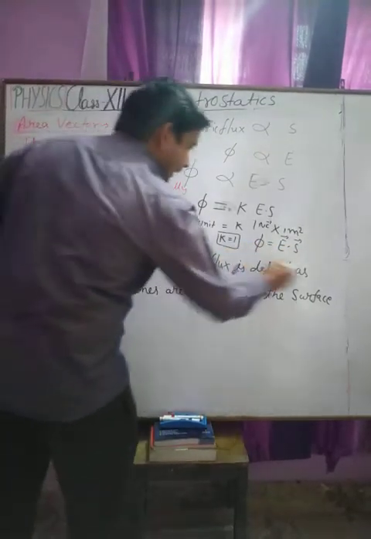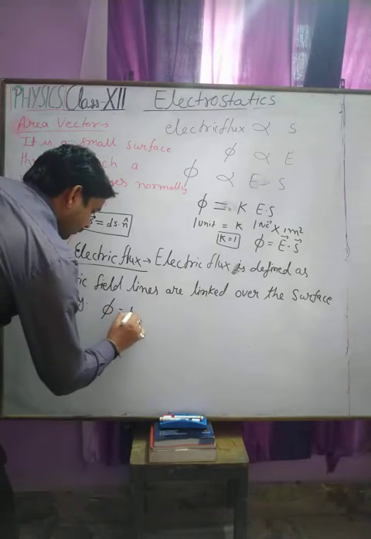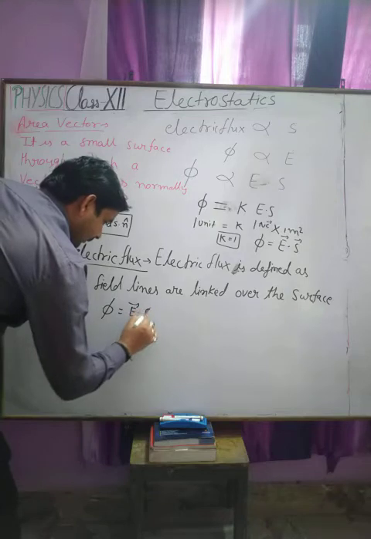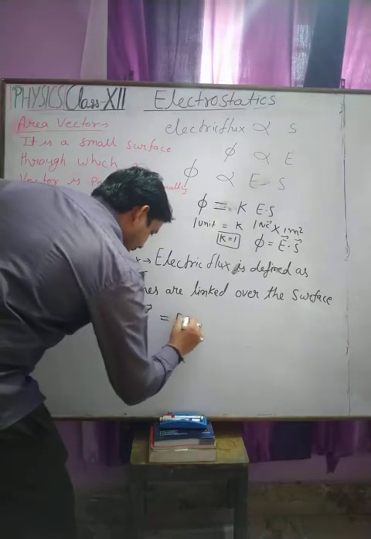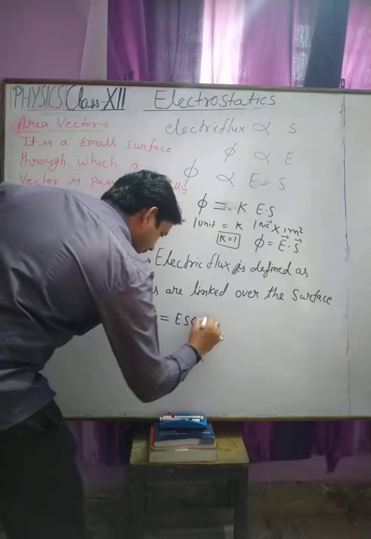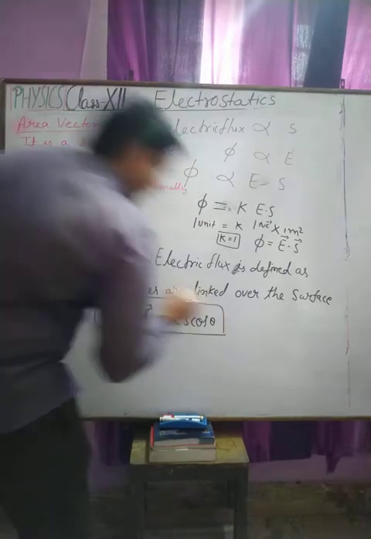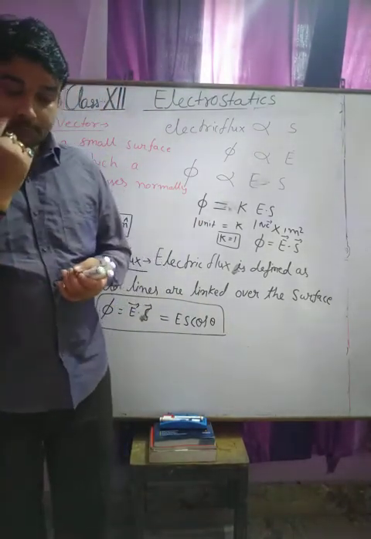So electric flux is given by phi is equal to vector E dot vector S, or we can say ES cos theta, because electric flux is a scalar quantity.